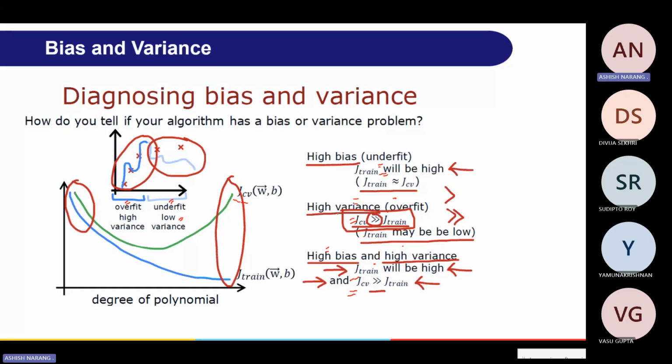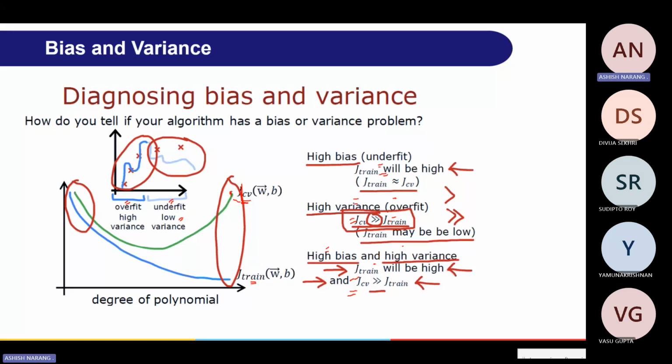If it is high variance, JCV may be greater than JTrain. So if you look at this particular model, JCV is greater than JTrain. It's kind of an overfit model.